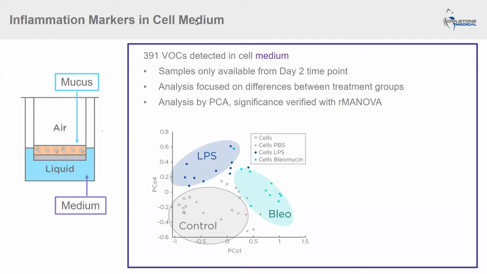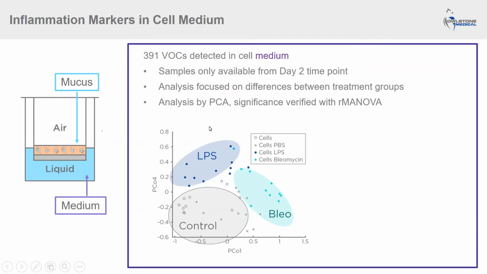This is what you can see in the PCA score plot, where each point is a single sample. I think the first conclusion that can be made from this figure is that the samples really cluster with respect to the treatment group. We have our LPS samples, we have our bleomycin samples, and here we have the control samples, which are the samples with cells only and cells treated with PBS.